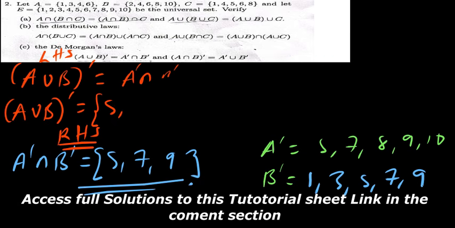Or maybe let me try to do this one for you. A intersection B is basically the numbers that are found in both A and B. 1 no, 2 no, 3 no, 4 is there, 4 and 6 only.